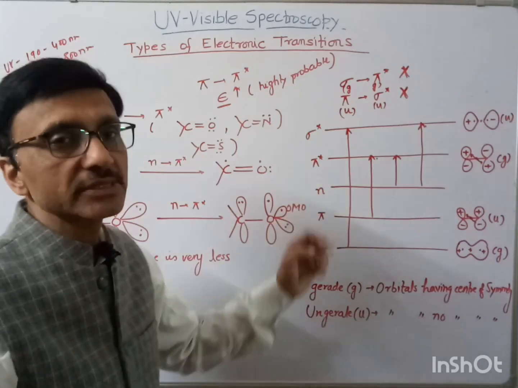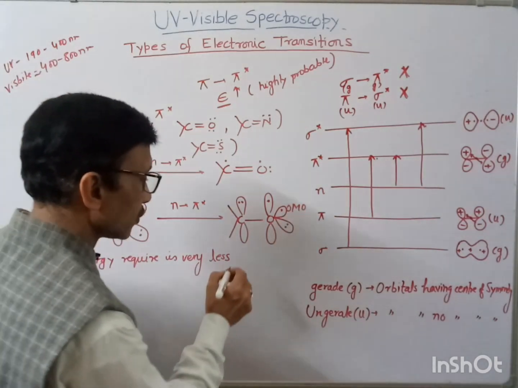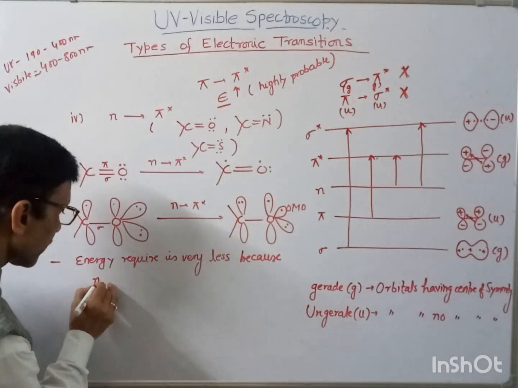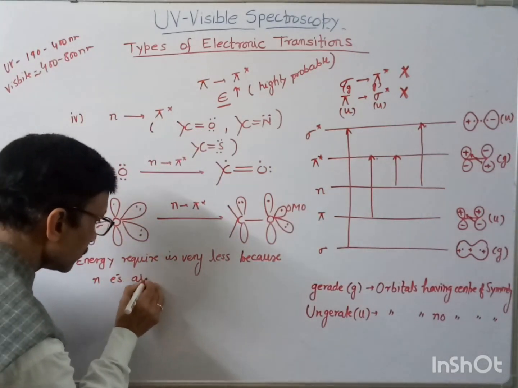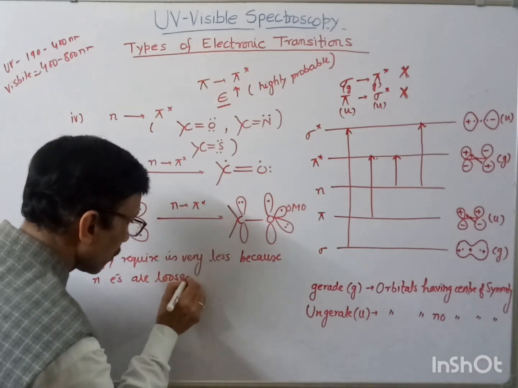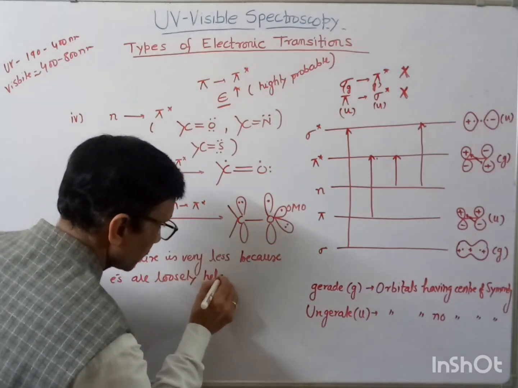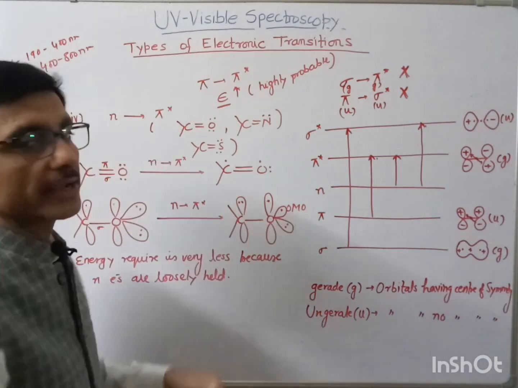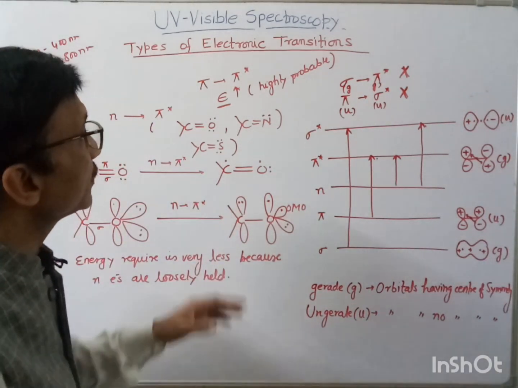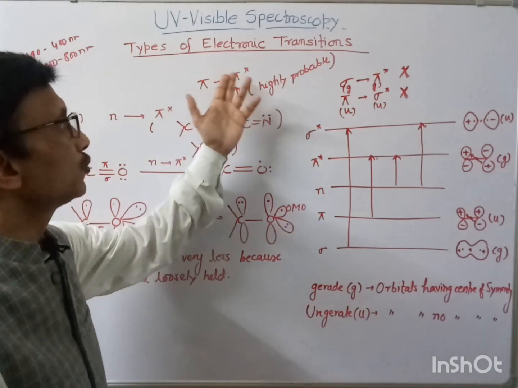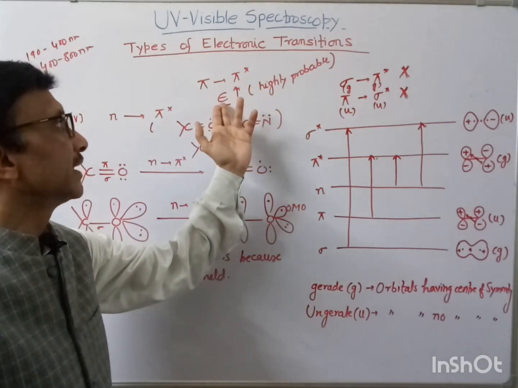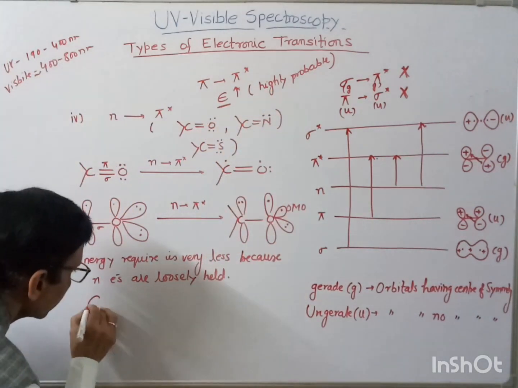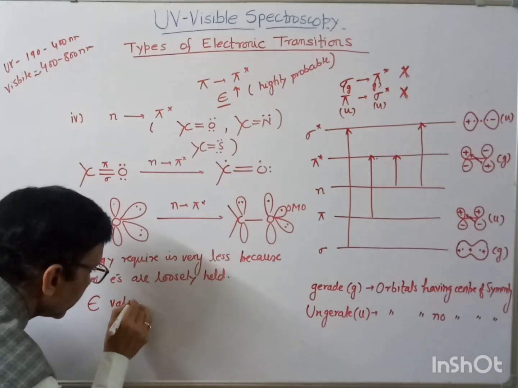Because n electrons are loosely held electrons. On the other side, for this n to pi star transition, the epsilon naught value is very low. For pi to pi star transition, the epsilon naught value is high, but for this it is very low.